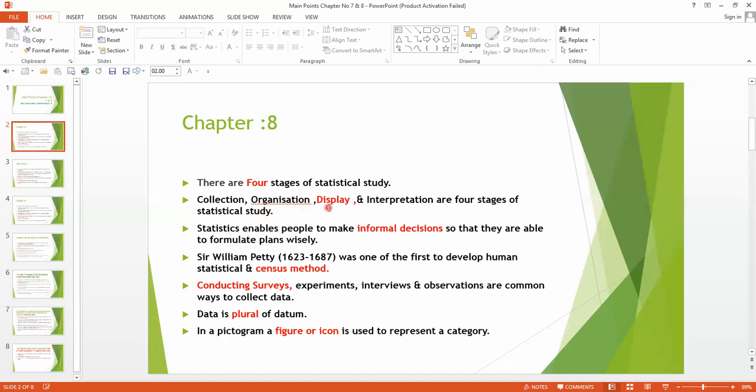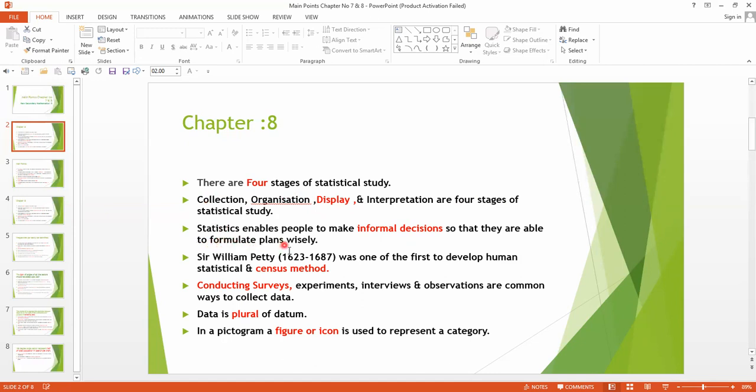And the third one is display. There are so many methods. You can use pictogram, bar graph, pie chart. Frequency table is also there. And then you have to interpret. What is the meaning of interpretation? It means you are able to answer the question. So these are the 4 stages. Clear? Now move towards the next point.